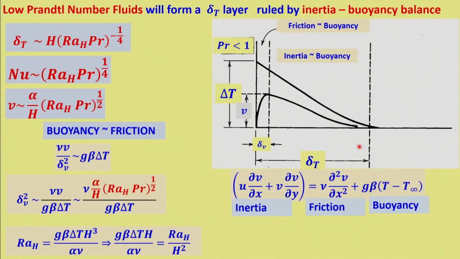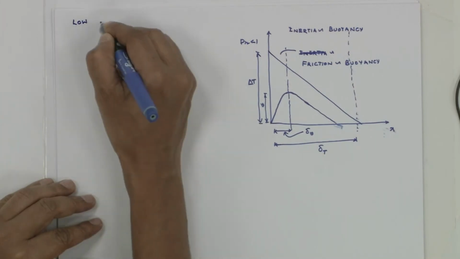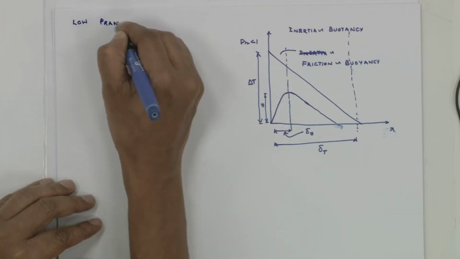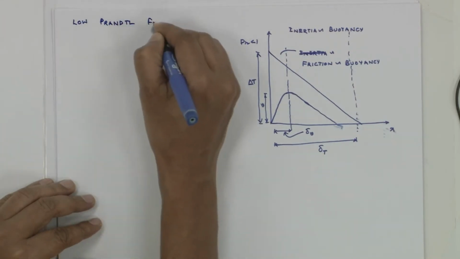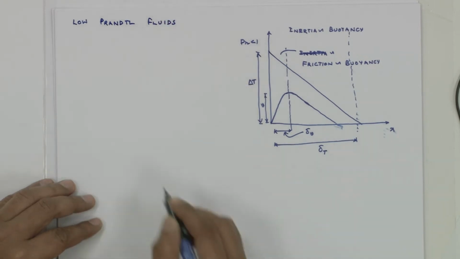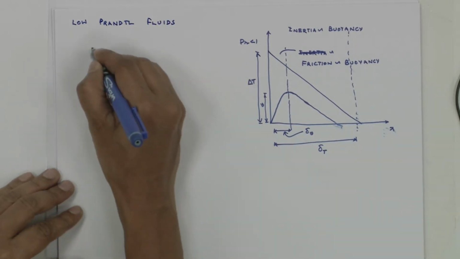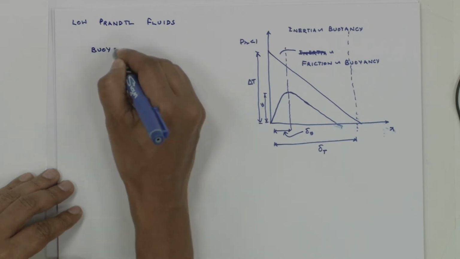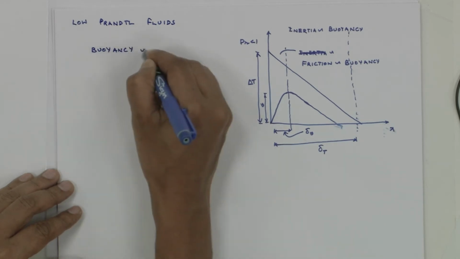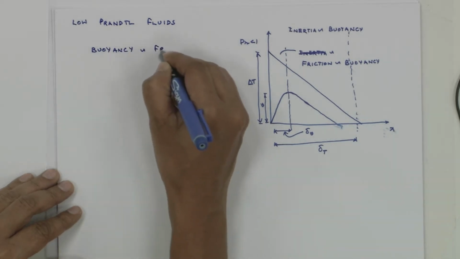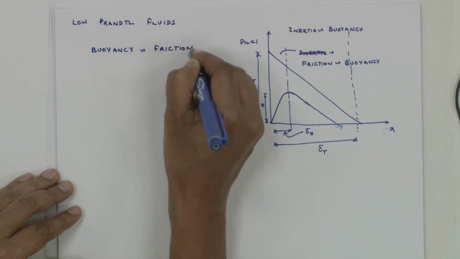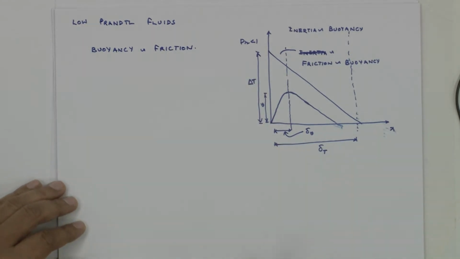So to get our velocity, let us work. This is for low Prandtl fluids. Buoyancy has to be balanced by friction.